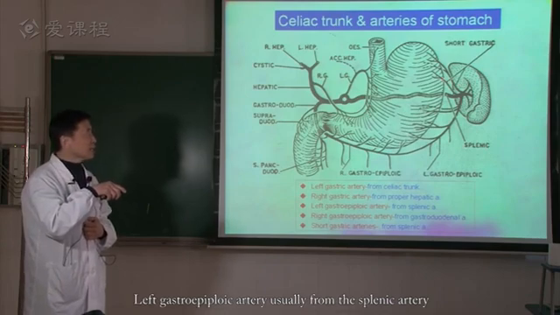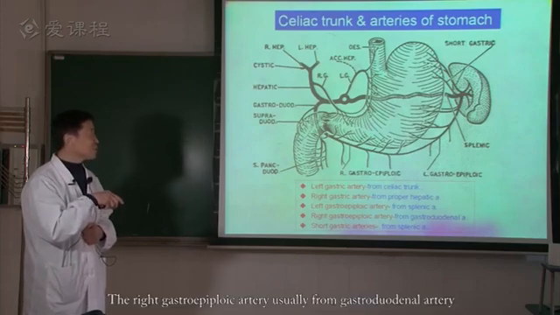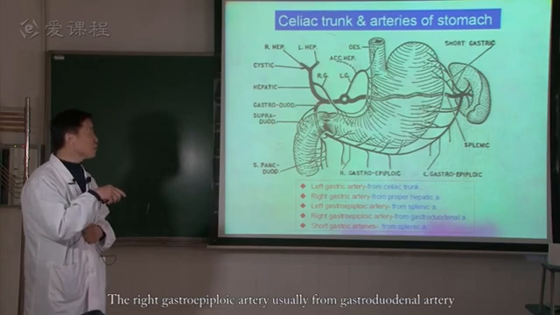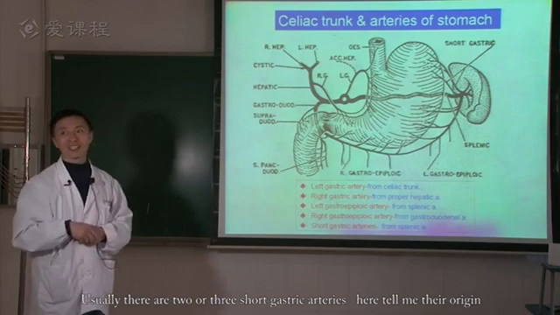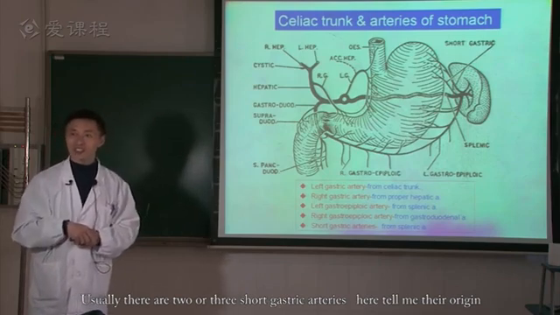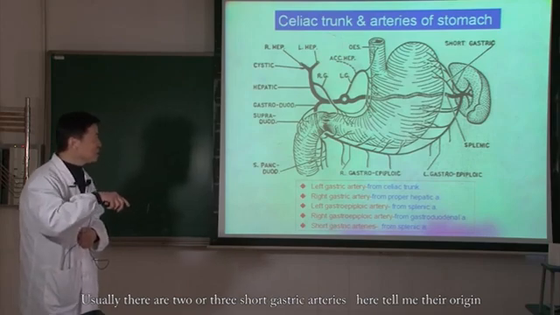The left gastroepiploic artery usually comes from the splenic artery. The right gastroepiploic artery usually comes from the gastroduodenal artery. Here there are 2 or 3 small ones, the short gastric arteries. Tell me their origin.